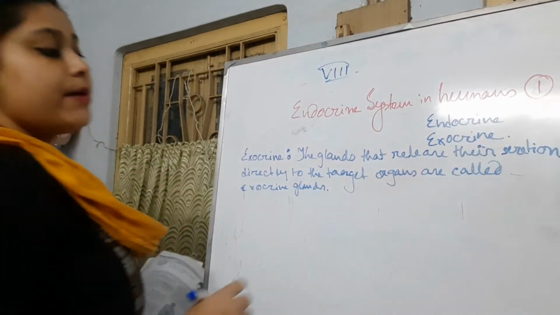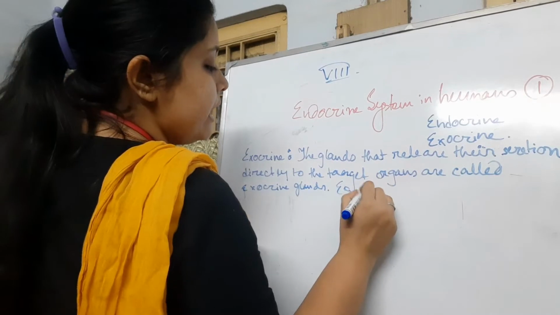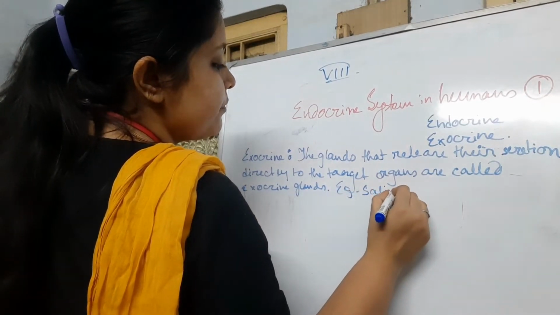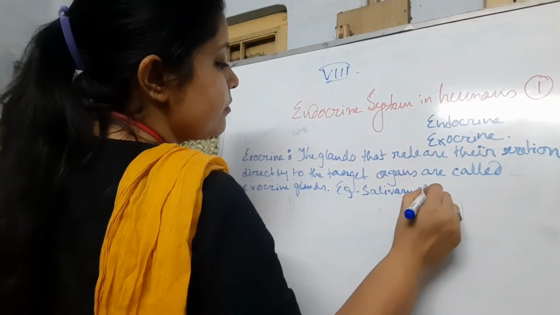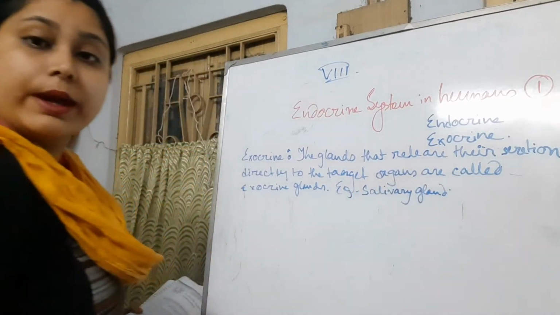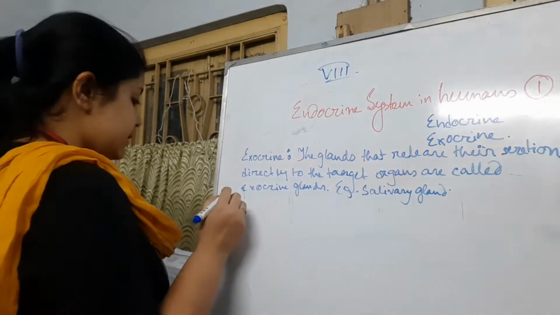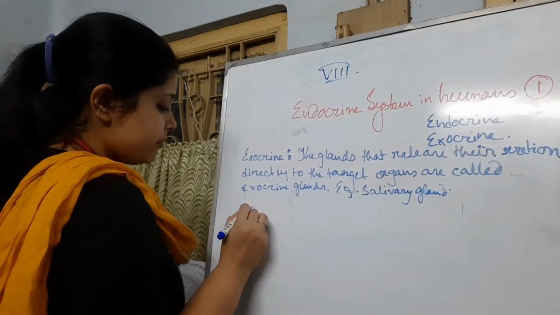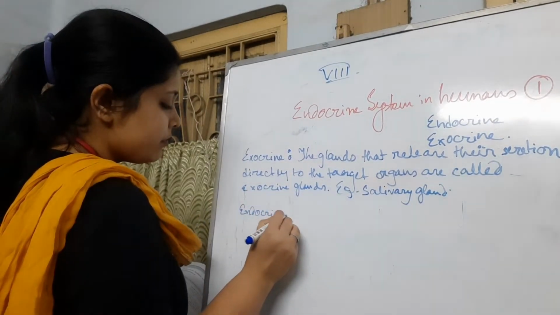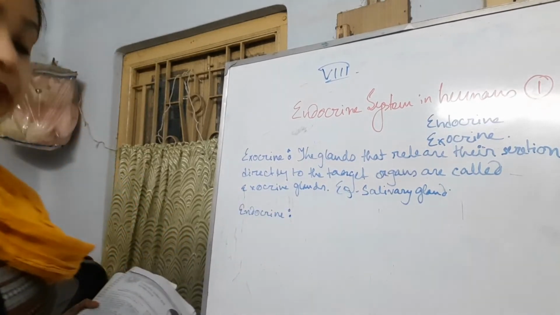For example, you can give the salivary gland. The next definition in this chapter is the endocrine glands. So what are the endocrine glands?